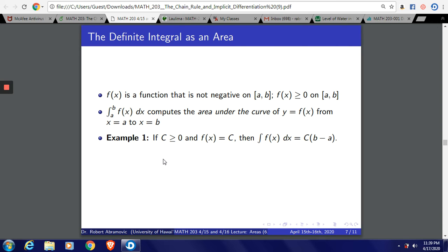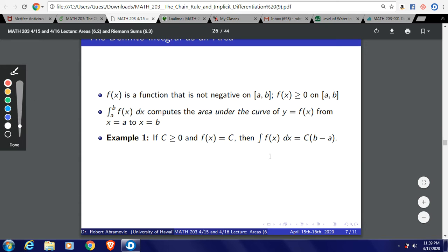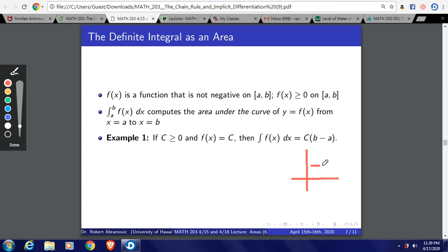Here's the first example. This is pretty simple. If we have a positive constant, our function is some constant. This should have said the definite integral from a to b of f of x dx is c times b minus a. In that case, what does this look like? Well, this looks like just a horizontal line.